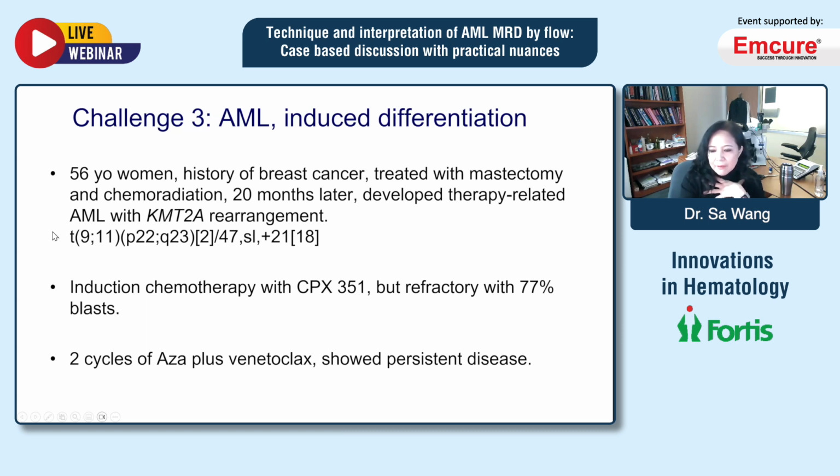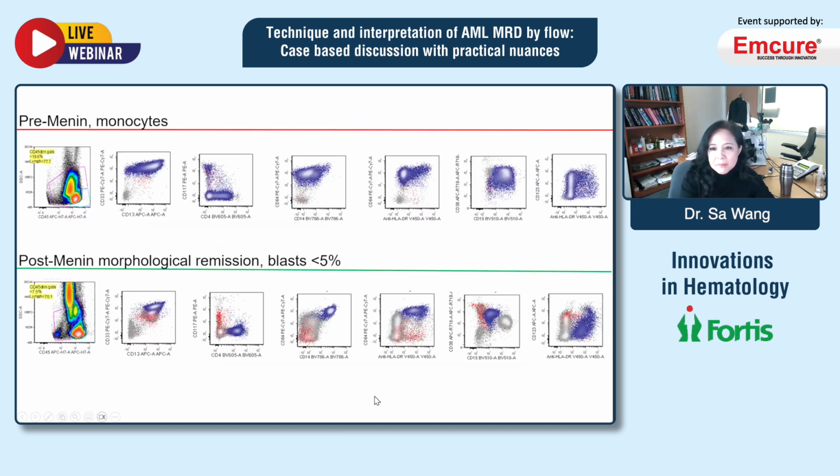After 2 cycles of venetoclax, the patient still showed persistent disease. So this time they gave the Menin inhibitor therapy. This is pre-Menin inhibitor, and this is monocytic leukemia. Of course, it's KMT2A, that's why you tend to see monocytic leukemia.